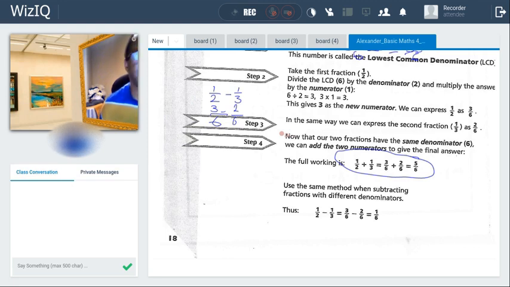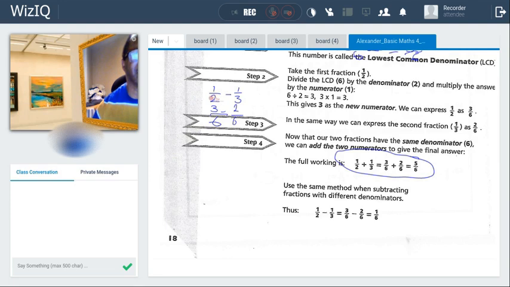You don't need to use the same number for each fraction, because if I multiply this by 3 and this by 3, it's going to be 3 over 9, so it's going to be different.